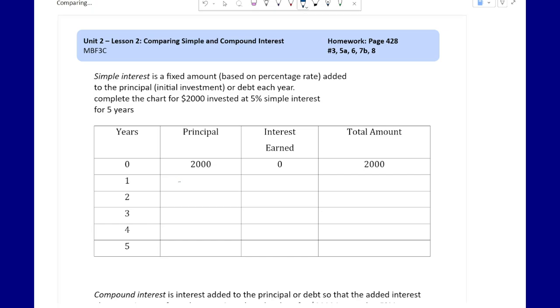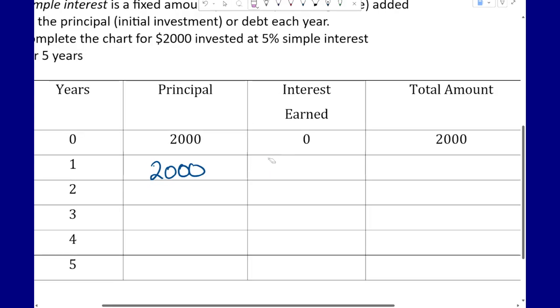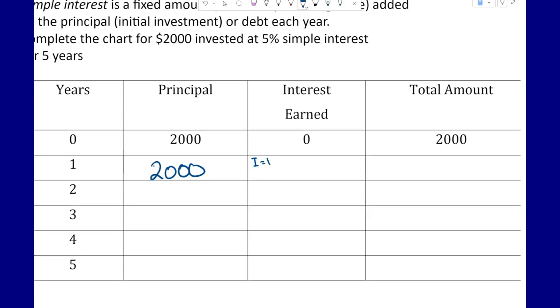Now in year 1, we have $2,000. For our interest earned, I'm going to use the I equals PRT formula. I equals 2,000 times 0.05 times 1, because I'm only looking at it 1 year at a time, and I get 100.